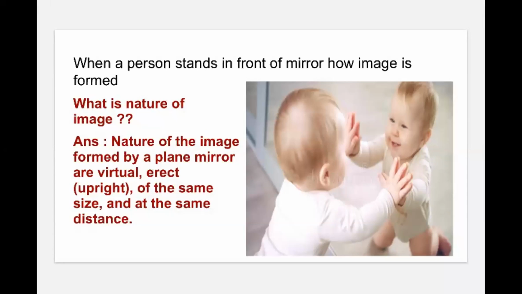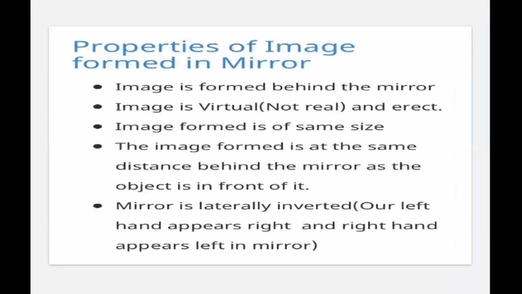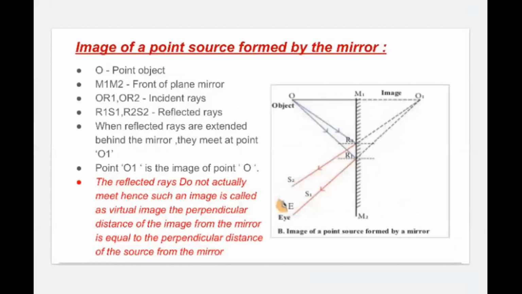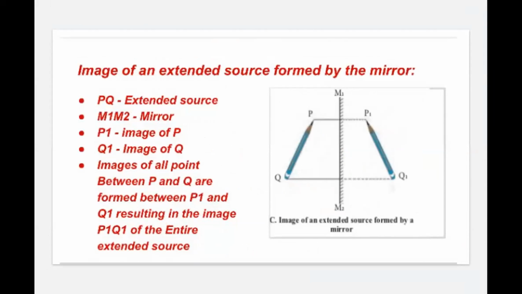Definitely, the image is virtual, correct, of the same size and at the same distance. Then we saw a ray falling on a mirror normal to its surface. We studied the image of a point source formed by a mirror. We studied the image of an extended source formed by a plane mirror.